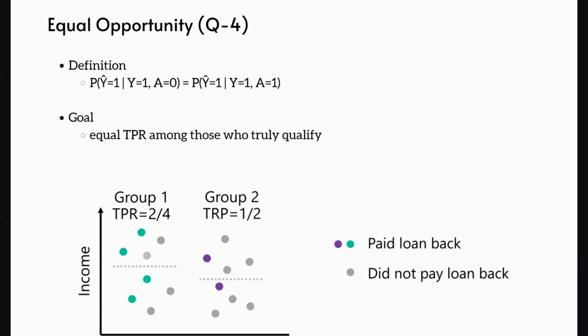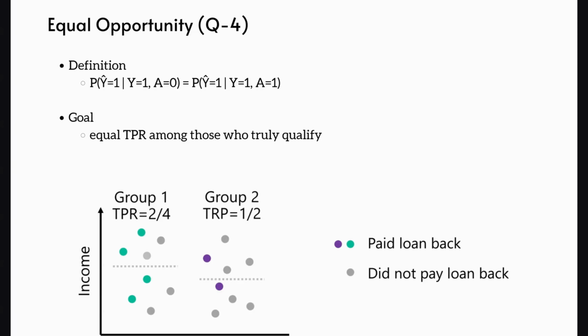Basically, what you want is for the true positive rate to be equal for the actually qualifying, deserving people. The deserving people are the green and purple ones. So you make sure that the true positive rate is correct.